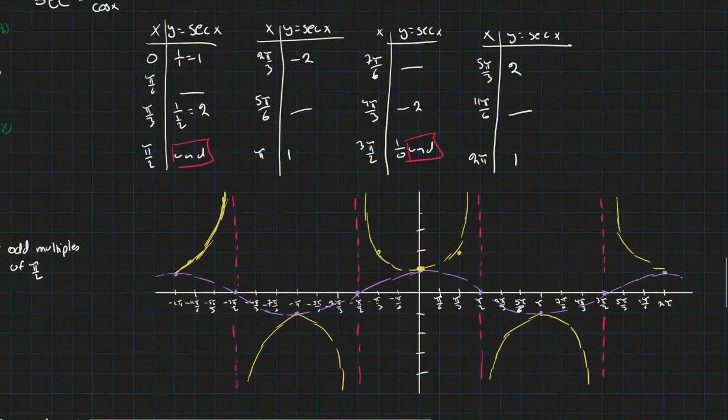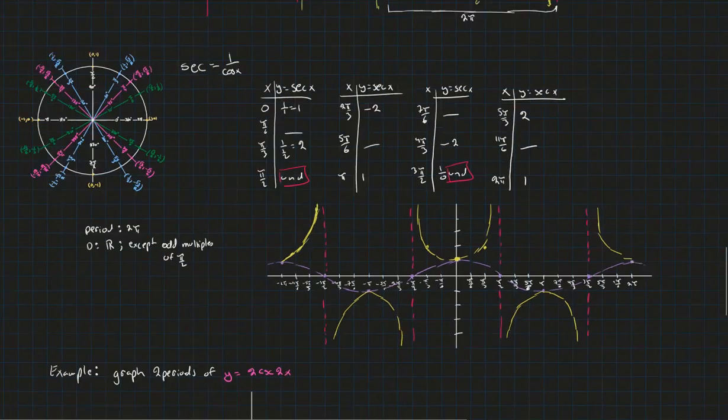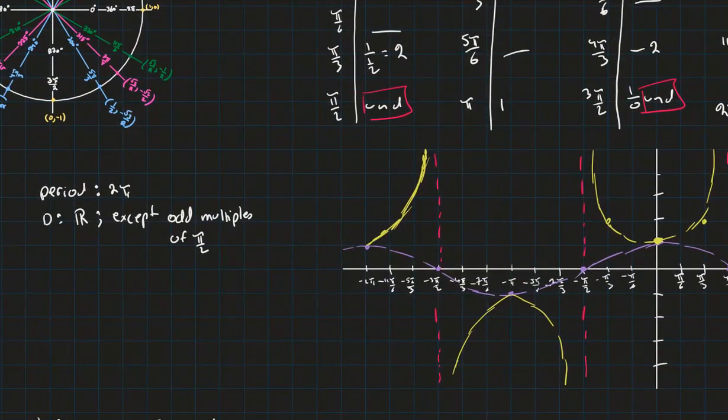You can clearly see negative pi over 2, negative 3 pi over 2, positive 3 pi over 2, positive pi over 2, the 1, the 3, the 5, and so on. Range. Same thing. Include negative 1, 1, to infinity. So where do I put the vertical asymptotes? At odd multiples of pi over 2.